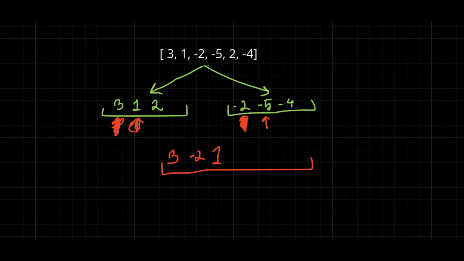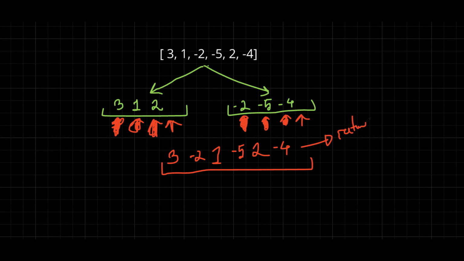Now we will add the value, which is -2, and shift this pointer to the next element. Now again we will add the first pointer value, which is 1, and then the second pointer value, -5. Then we add 2, and this pointer will become out of bound. And now we will add the second pointer value, which is -4, and this pointer will become out of bound. Finally, we can return this output array.